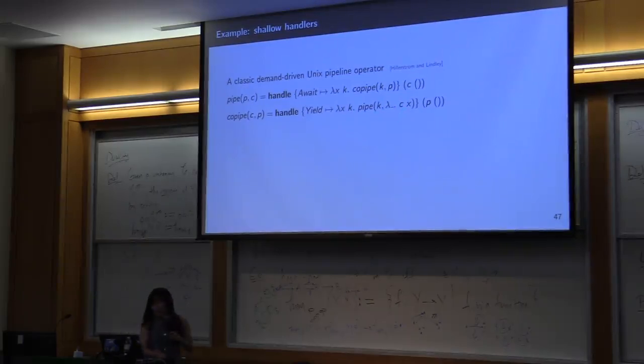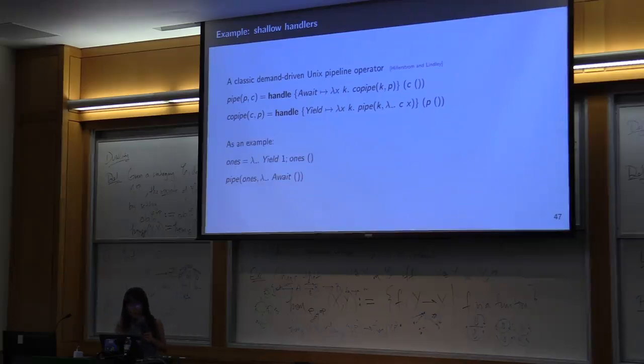Now you store the rest of the consumer as a continuation, and you run the consumer. What's useful about shallow handlers in this case is that you are switching back and forth between two handlers, and you don't want the original handler to be restored. As long as the consumer calls await, you switch to the producer, where there is only one handler that handles yield. If a resource is yielded, you switch back to the consumer, where there is only one handler for await. As an example, you can have a producer that keeps yielding the value 1.